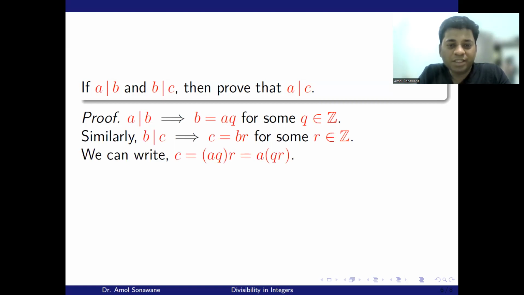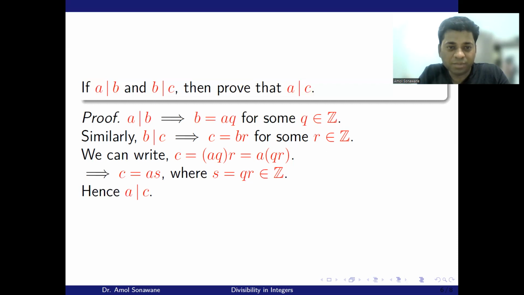And so we can write c is aq times r, since b is aq. And so c is equal to a times qr. So we can write c as a times s, where s is the product of q and r. Since q and r are integers, their product is an integer, means s is an integer. So by definition of divisibility, a divides c.